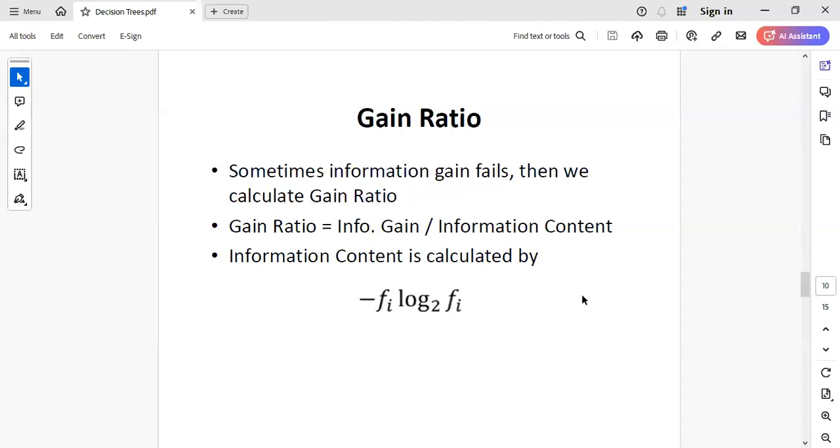Gain ratio is information gain divided by information content, where information content is the number of levels, categories, or classes in each attribute of the model. Henceforth, all decision tree algorithms carry this concept of gain ratio. Whichever attribute has the highest gain ratio value will be the root node. This is how the attributes are evaluated and a root node is calculated.